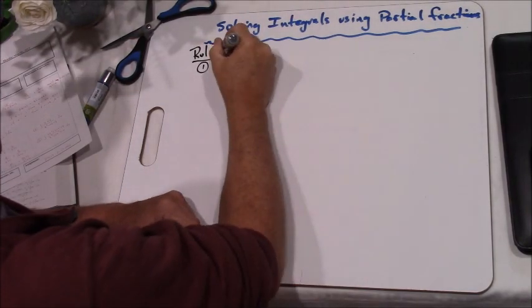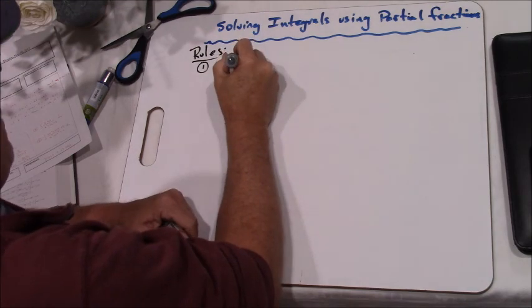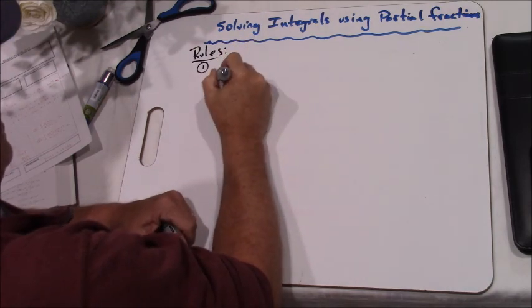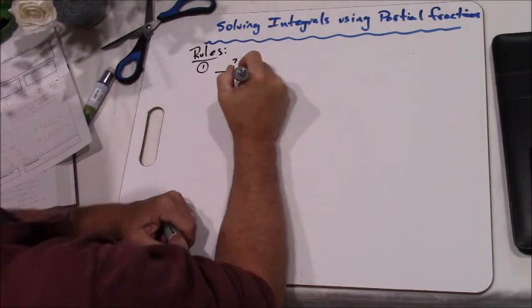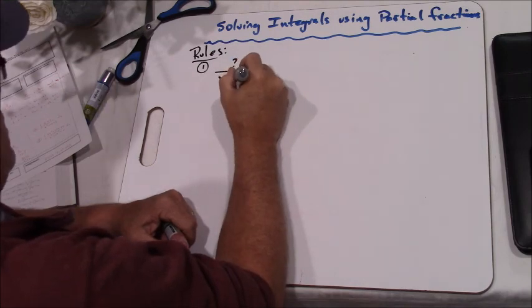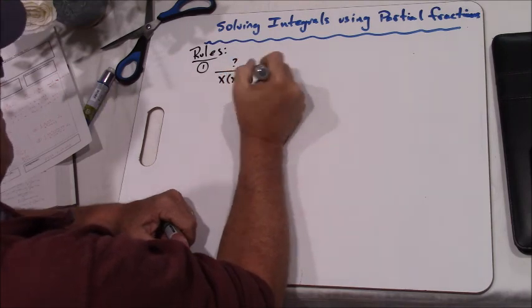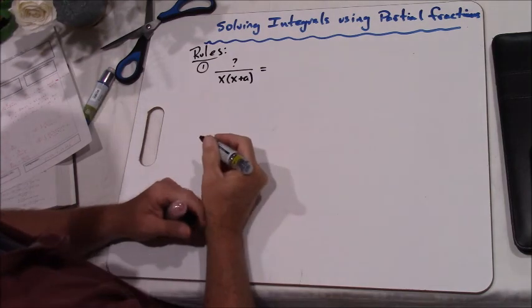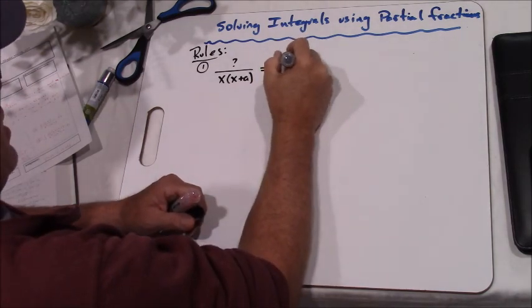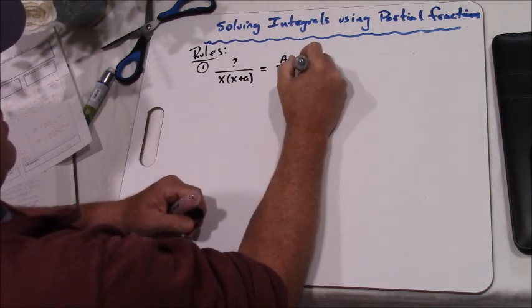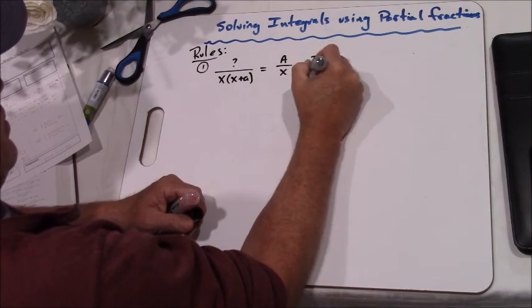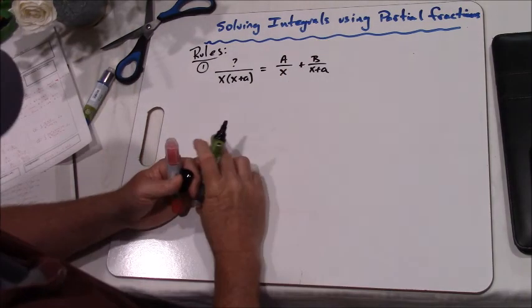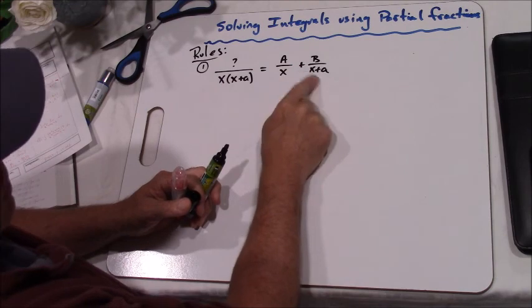Rule number 1, if I have something over and I factor my denominator and I get something like this, then my two fractions are going to be a over x plus b over x plus a. That's kind of like the one we just did.